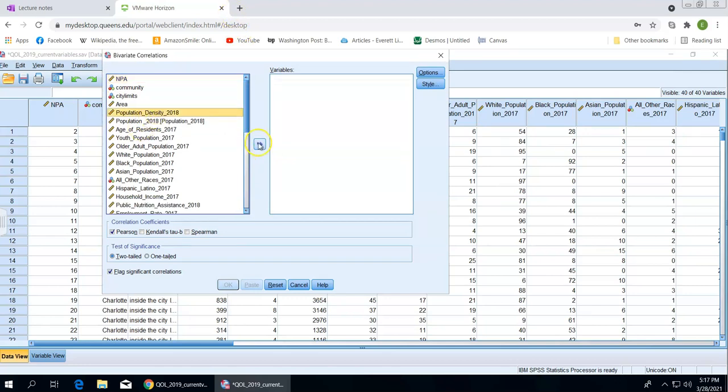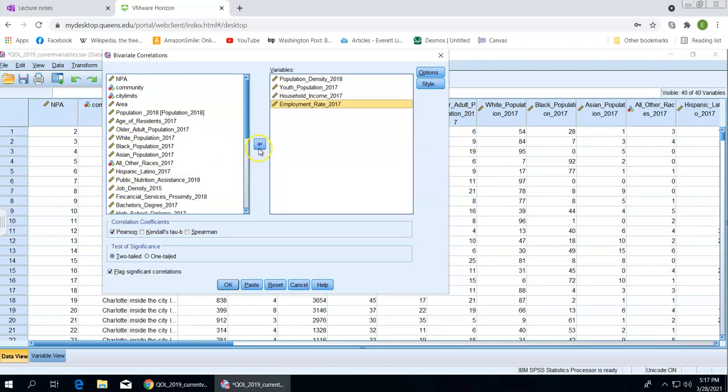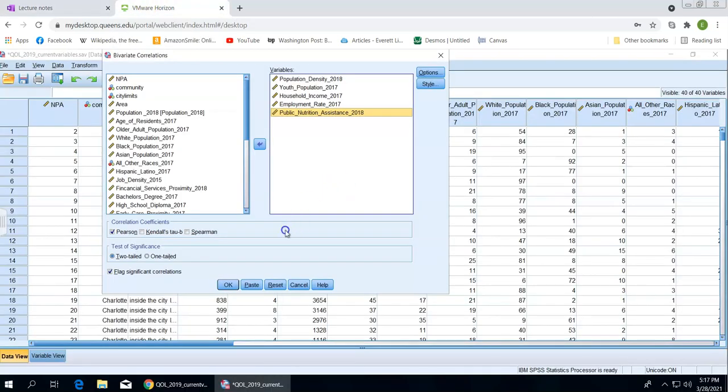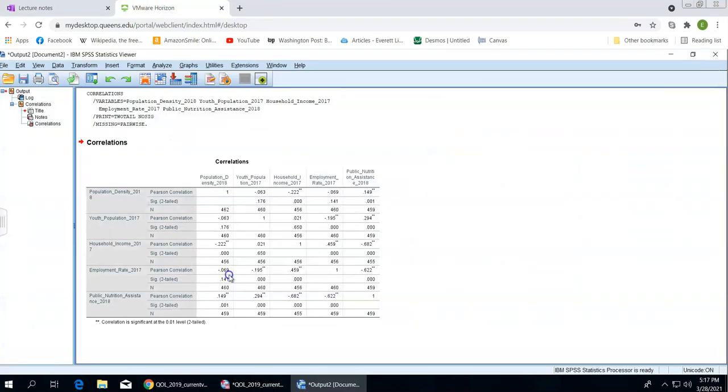And let's see, we said population density, youth population, household income, employment rate, and public nutrition assistance. I think that's right. I'm going to check. We said 1, 2, 3, 4, 5. Yep, those are the 5. Right, so we click OK, and that's the first piece of output.